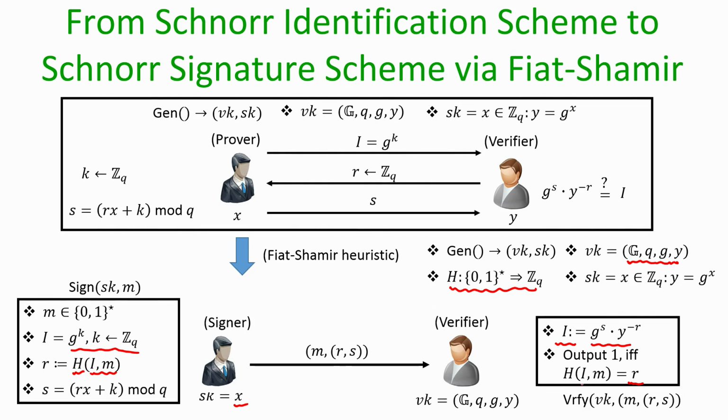So, for that, the verifier calls the random oracle on the computed commitment and the message and checks whether the output of the random oracle gives the challenge r which the signer is claiming to be a part of the signature, right. And as per the security of the Fiat-Shamir heuristic, this 1 round signature scheme is indeed a secure signature scheme in the random oracle model.